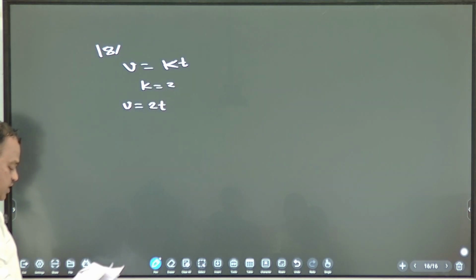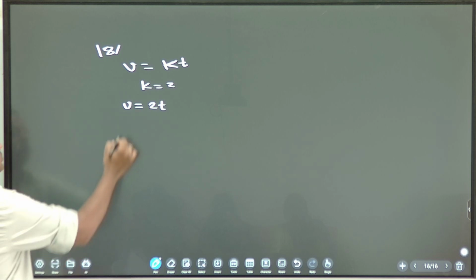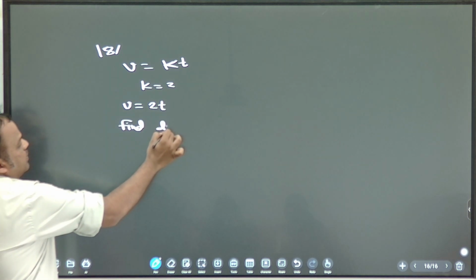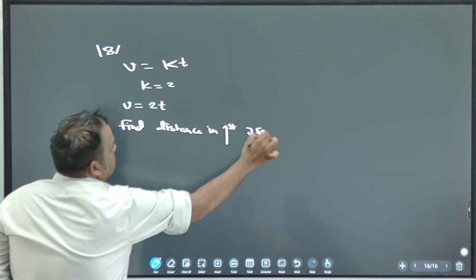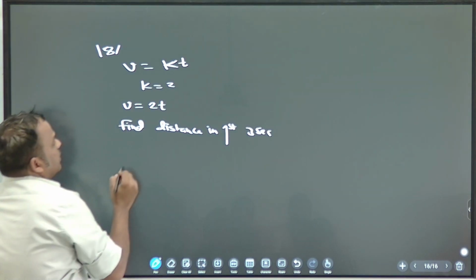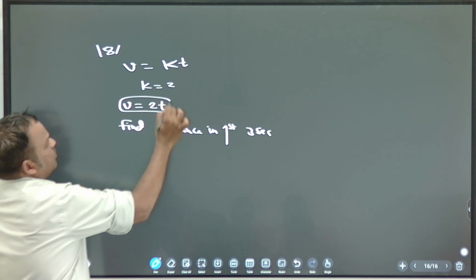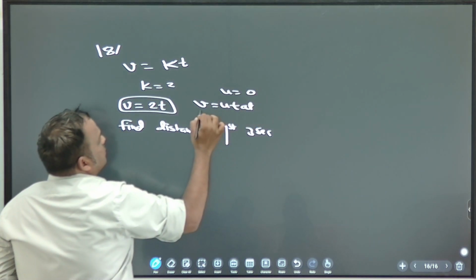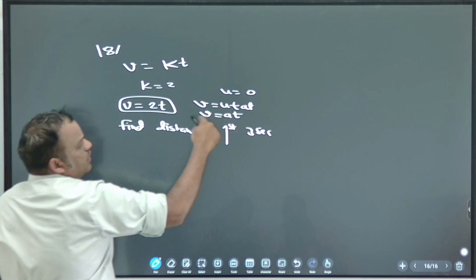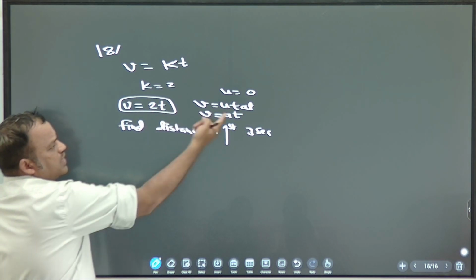Now you have to find distance traveled in first 3 seconds. So we can use V is equal to U plus AT. U is 0, so V is equal to AT, and V is given as 2t. So what is the acceleration?